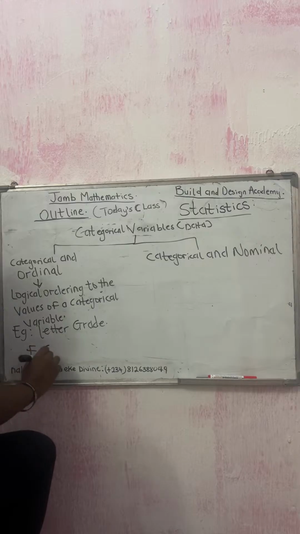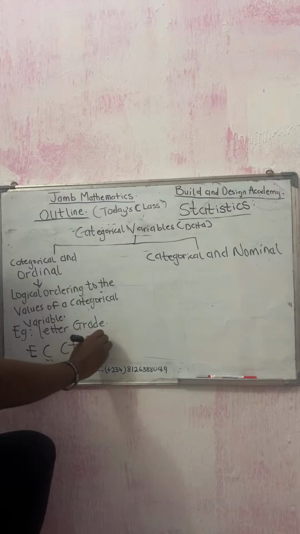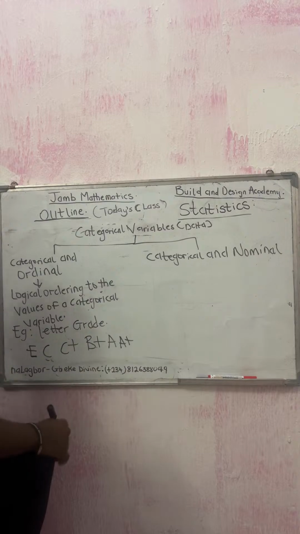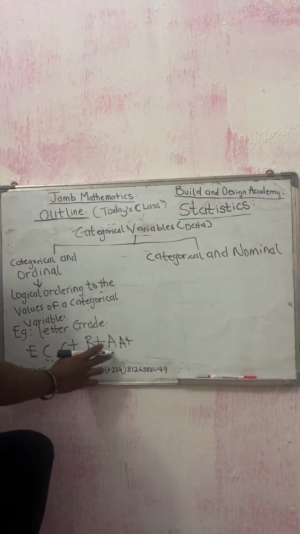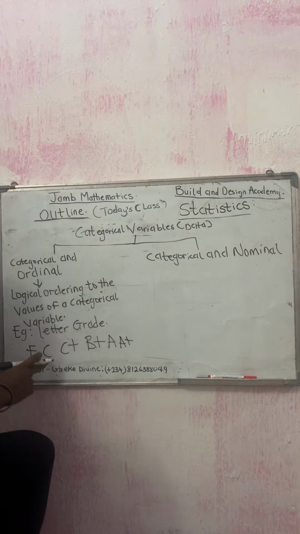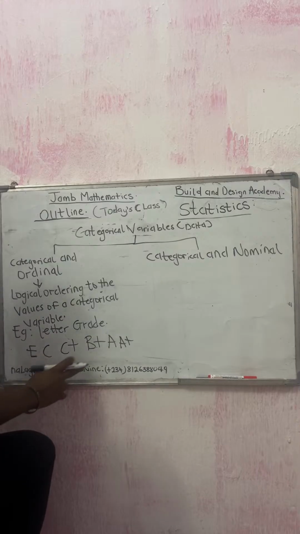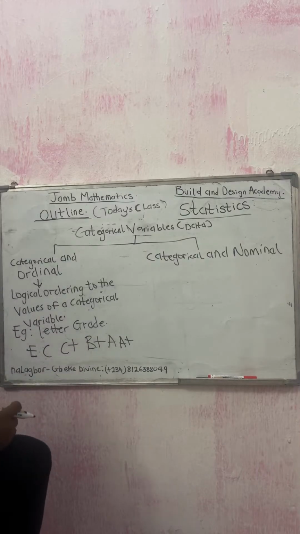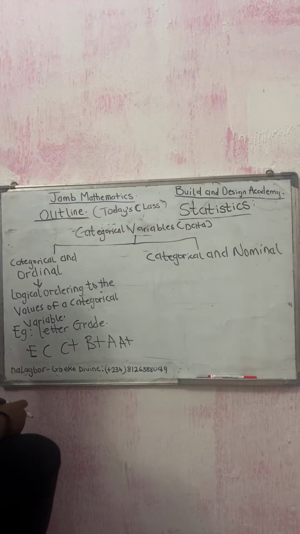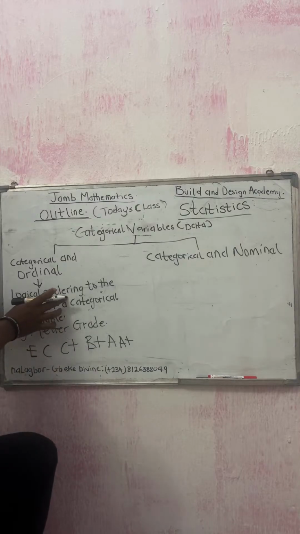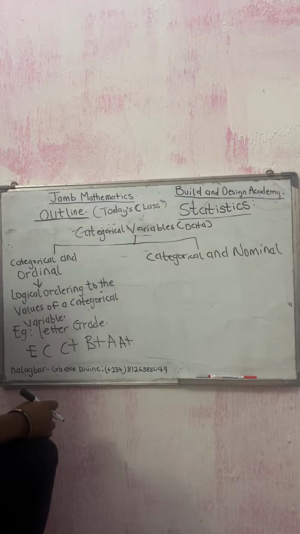So E, C, C plus, B plus, A, and A plus. There's a difference between A and A plus, between C and C plus, and between B plus and B. So this is a way of ordering them logically.